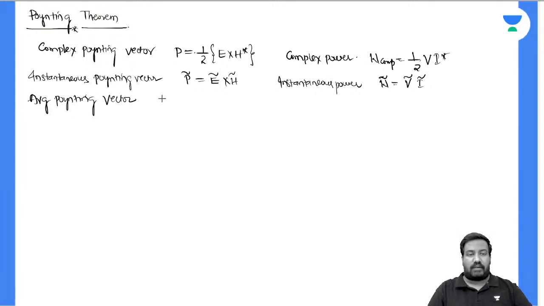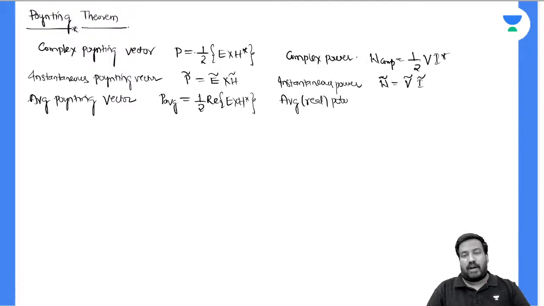Average Poynting vector P average is 1 by 2 real part of E cross H conjugate. Average or real power is one by 2 real part of V into I conjugate.